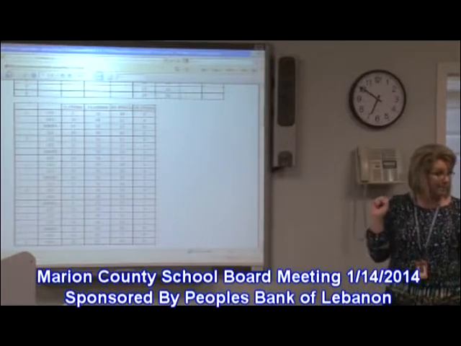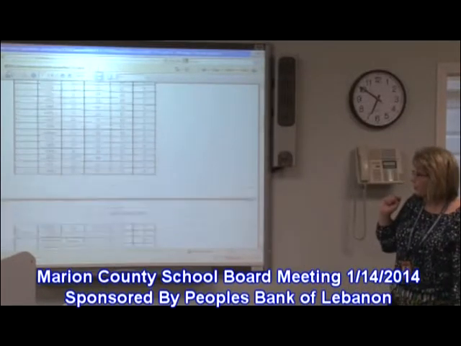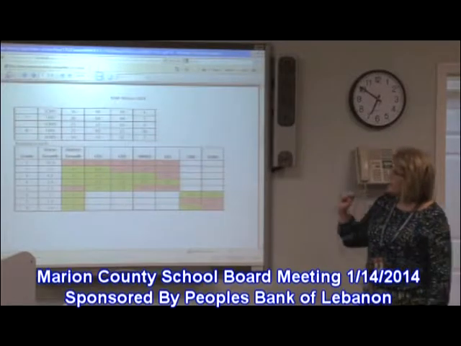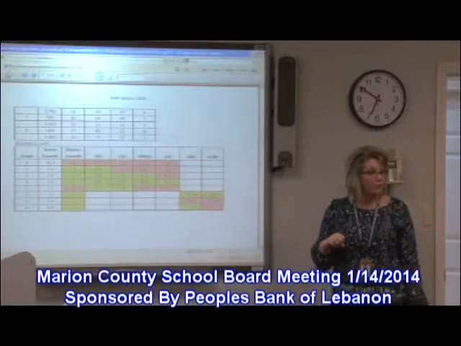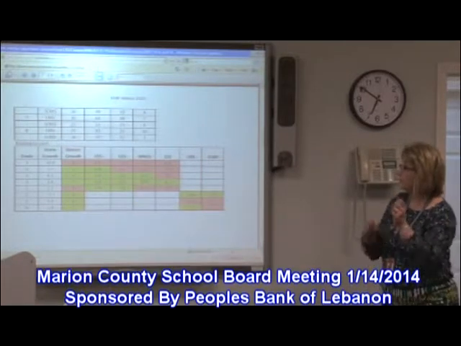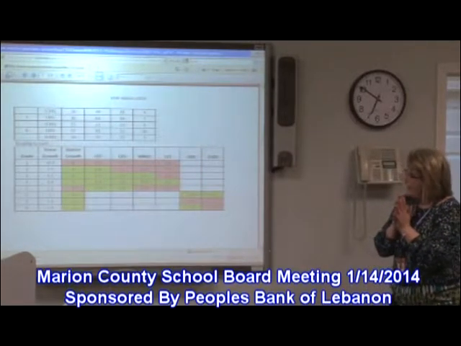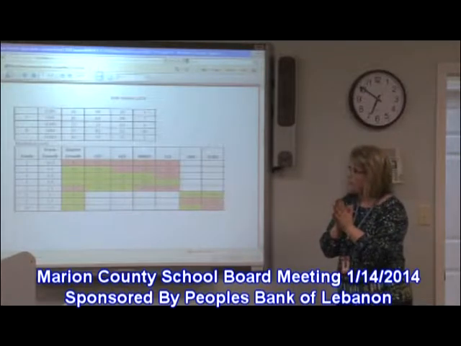If you go to the next page, Pam, it will show middle school. You can see your numbers increase in that 0 to 24 range when you get to middle school. And then, because that's looking at percentiles, here's what I decided to do.